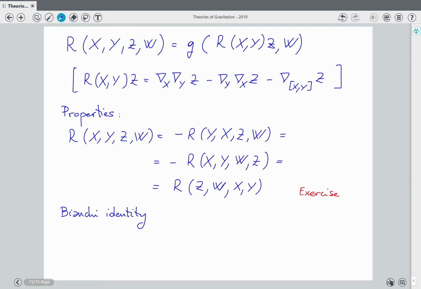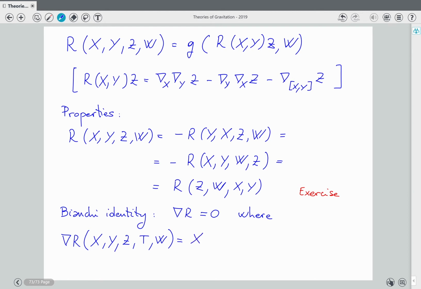The Bianchi identity looks like this. Where del R is a map that acts on 5 vector fields and is defined as follows.